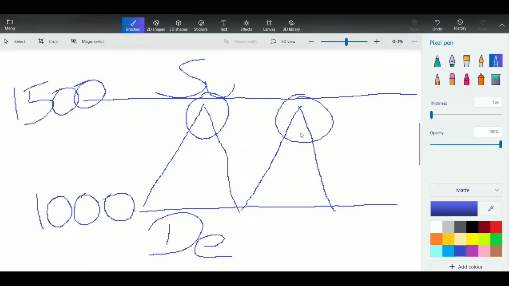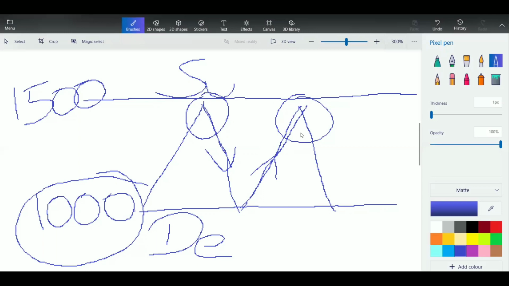Whenever the supply is high and demand is less, the price will drop from here. And whenever the demand is more, at the 1,000 level very few people are ready to sell, but there are a lot of people ready to buy. So the demand is high, supply is less, and the price tends to increase.